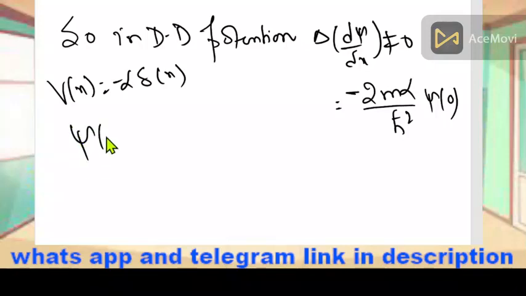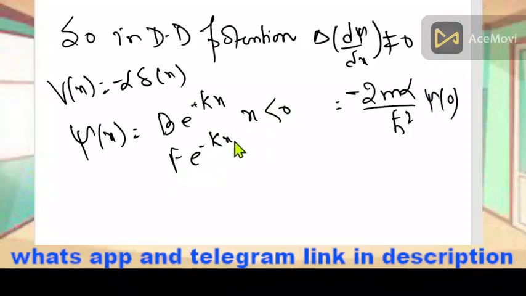Now what we have in our equation is psi(x) as b e to the power plus kx for x less than 0, and f e to the power minus kx for x greater than 0.